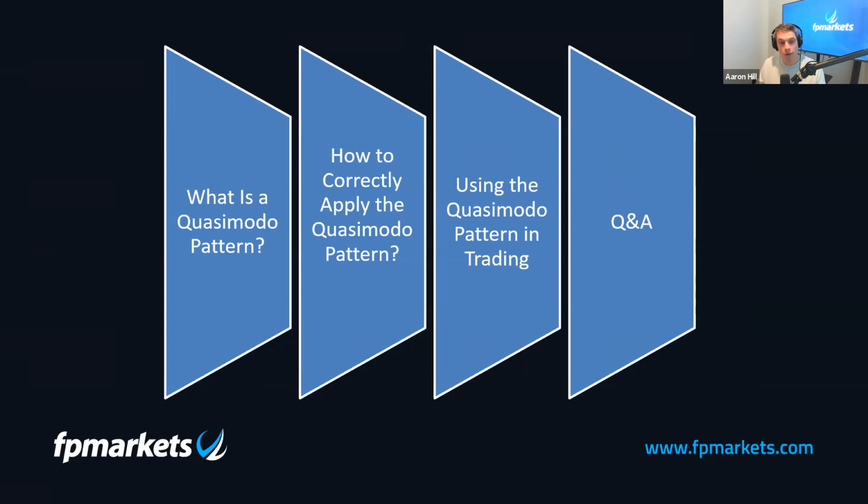Many will also find similarities with the QM and the widely traded head and shoulders pattern. However, there are some clear differences that I will touch on shortly. So how to correctly apply the Quasimodo pattern? Look, as the title implies, I'll demonstrate a simple to use approach to correctly apply the QM formation to the charts.